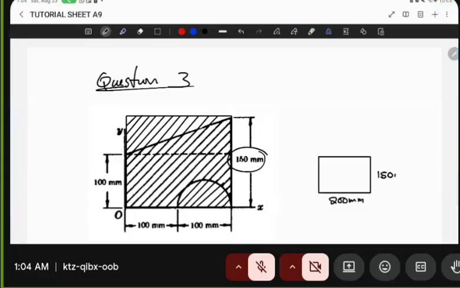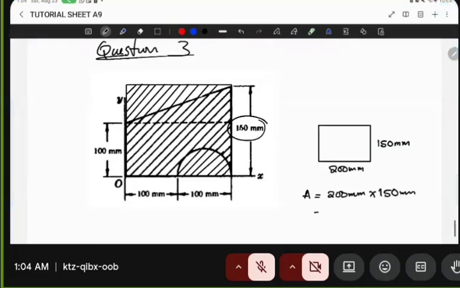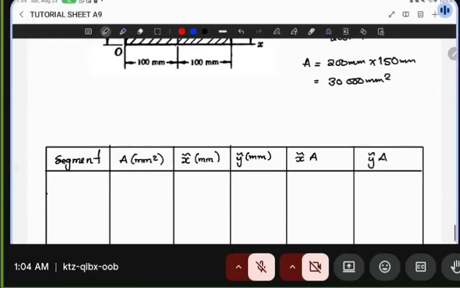So the area for this piece will be 200 by 150. What is the product? We get 30,000. So the area for that segment has turned out to be 30,000.